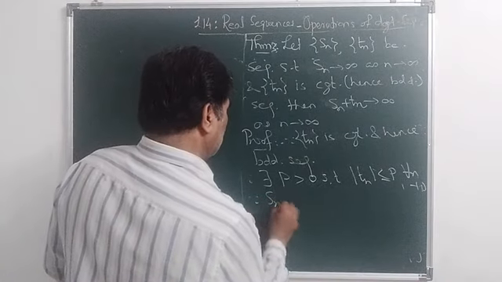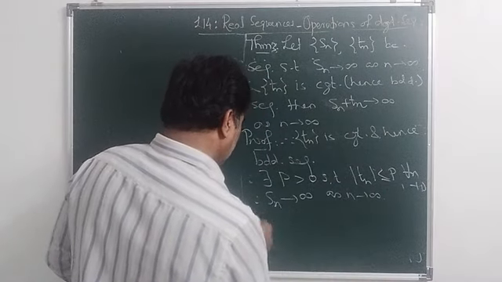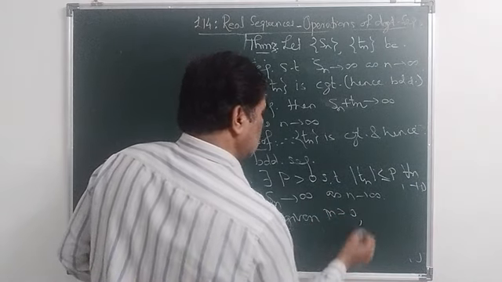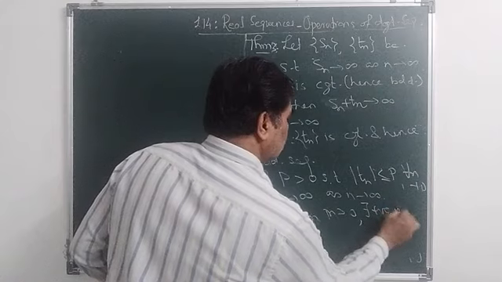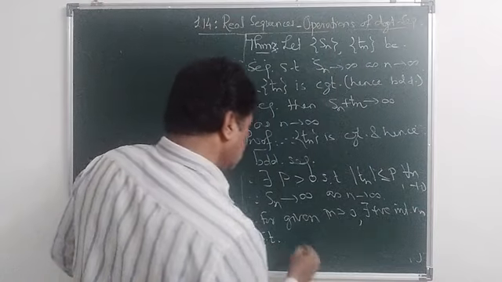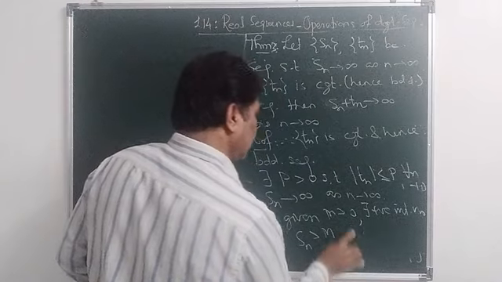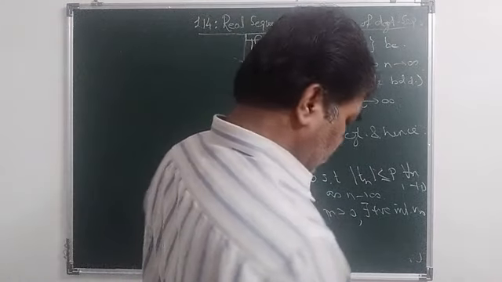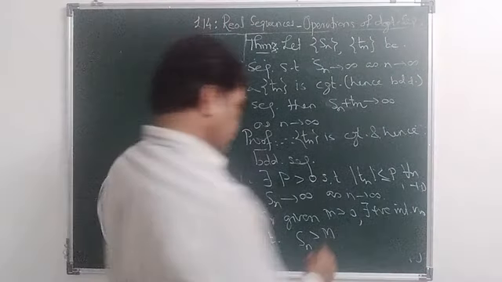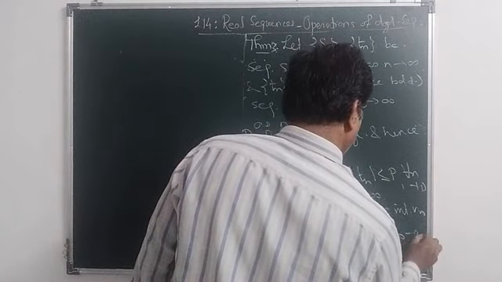Now since Sn goes to infinity as n tends to infinity, for given m greater than 0, there exists positive integer n naught such that Sn is greater than m plus p for every n greater equal n naught. This is 2.